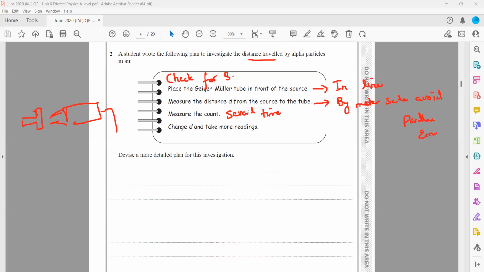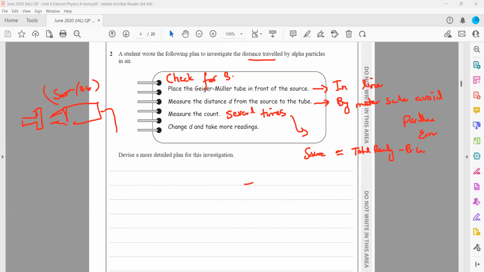Because this is giving counts from the source plus the background, both. So then you have to subtract the background count from the total reading to get the source. So radiation from the source will be equal to the total reading minus the background counts.